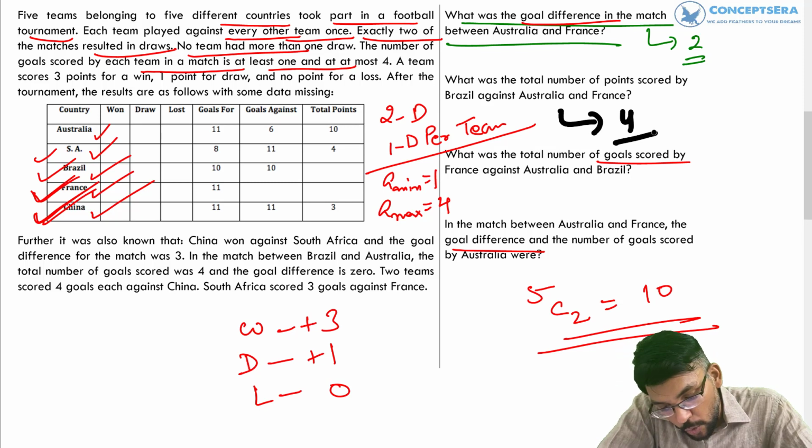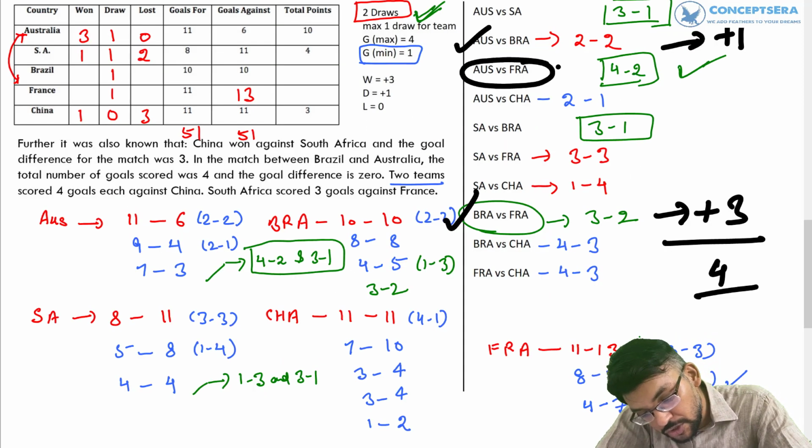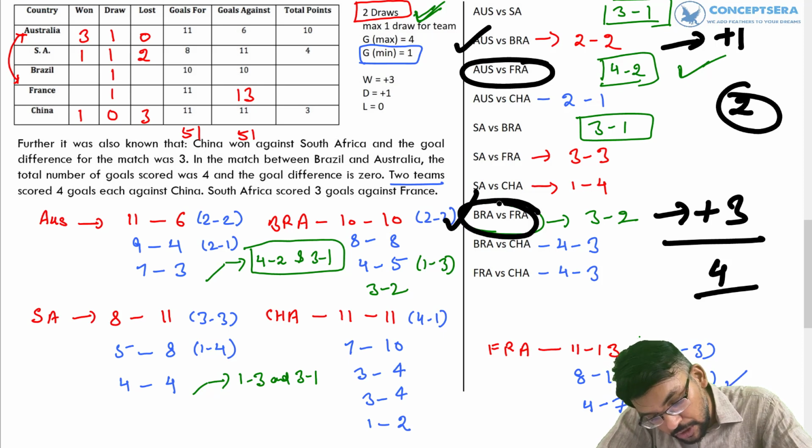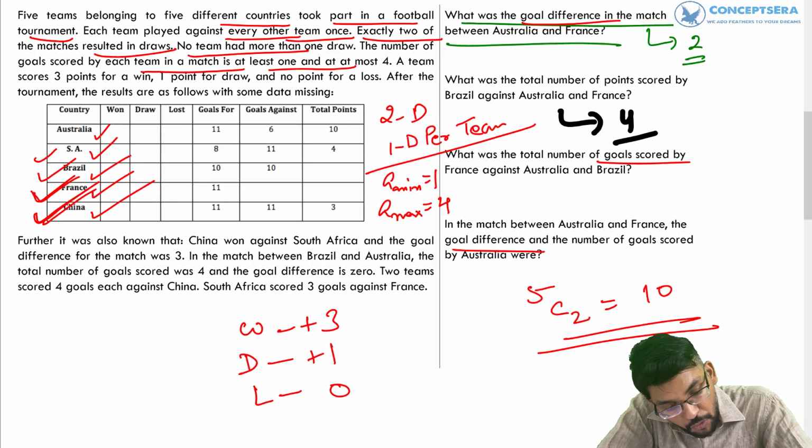The second last one, what was the total number of goals scored by France against Australia and Brazil? France, if you see, scored 2 goals against Australia, and against Brazil also 2 goals. So the number of goals scored by France against Australia and Brazil will be equal to 4 here. So the correct answer for this question will be 4.